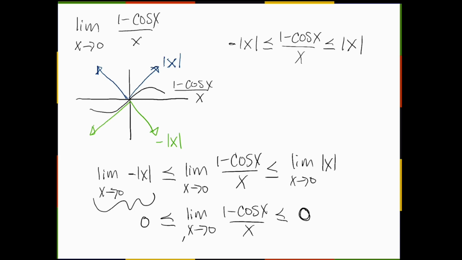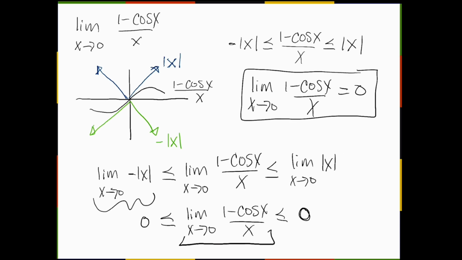Now, this limit of 1 minus cosine x over x is squeezed between 0 and 0. So that limit, as x approaches 0, of 1 minus cosine x over x has to be equal to 0. So this is the other very important trig limit that you're going to want to write down on your reference pages.